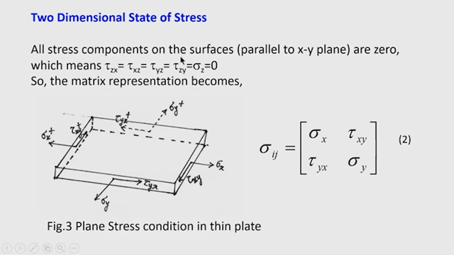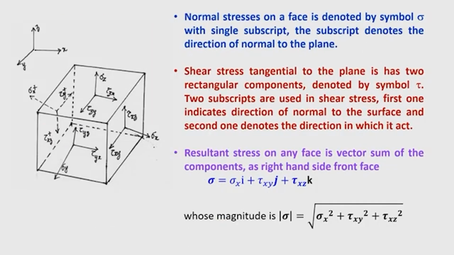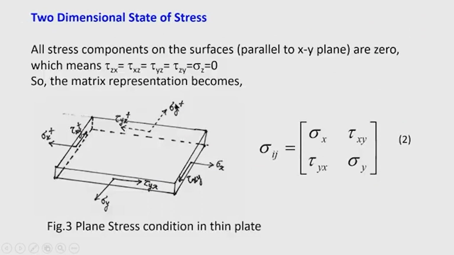So, all stress components on the surface parallel to the xy plane, here say this is the x direction and this is the y direction. So, the xy plane is the plane of the plate. So, here you can see tau zx, tau xz, tau yz, tau zy and sigma z. Sigma z is the normal stress on the plate, that is the plane of the plate that is lying in the xy plane.